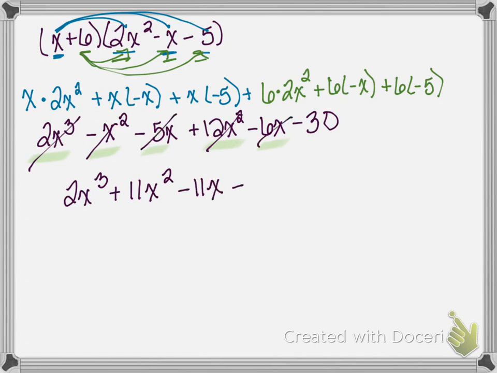Then I'm left with my minus 30. And it's not overly difficult to do a binomial times a trinomial. It's just that it takes some time, and sometimes we make mistakes with our computations.